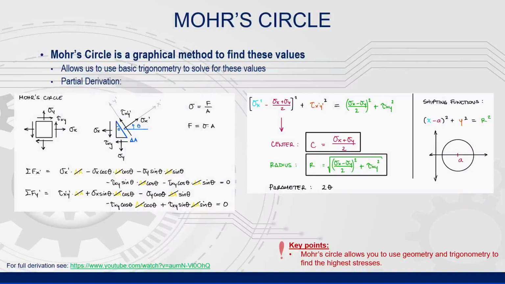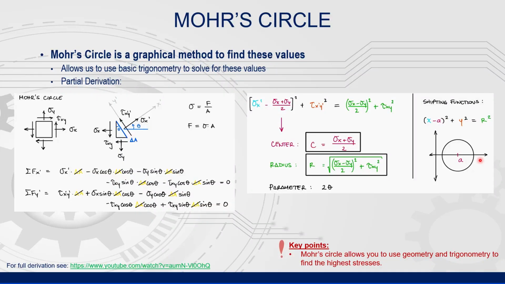Christian Otto Mohr was a German civil engineer who developed a graphical method of stress analysis known as Mohr's circle, which allows us to determine the maximum normal and shear stress at a given point, taking the orientation of the stress element into account. Mohr's circle is simply a graph of the normal and shear stresses.